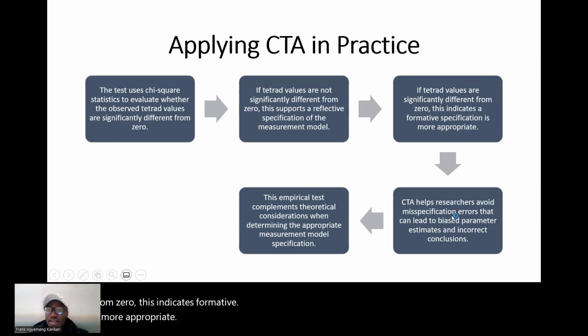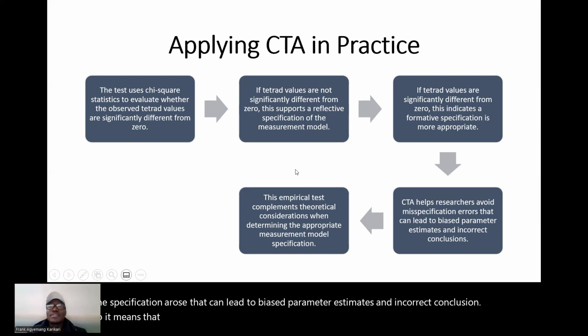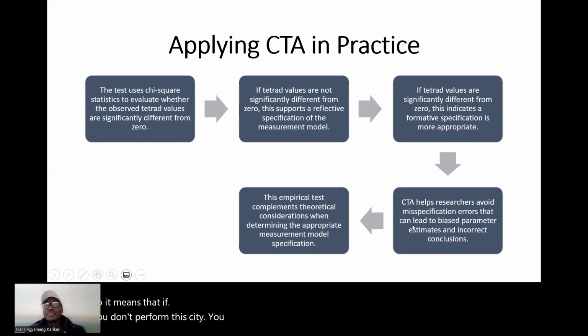Okay. And then CTA helps researchers avoid misspecification errors that can lead to biased parameter estimates and incorrect conclusions. So it means that if you don't perform this CTA, you can misspecify your model, because the underlying reasons for using formative or reflective are not the same.